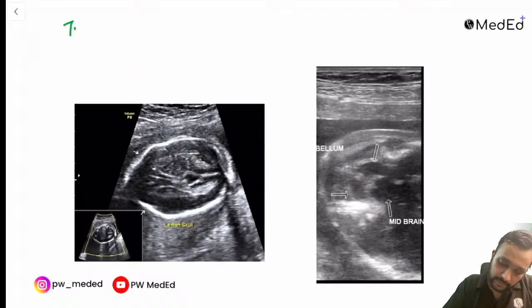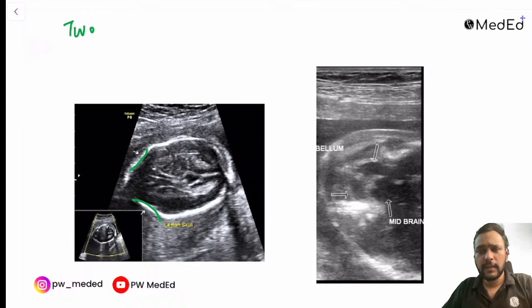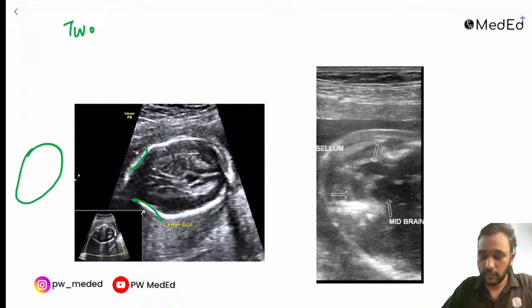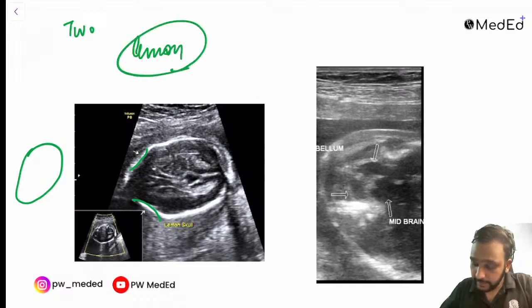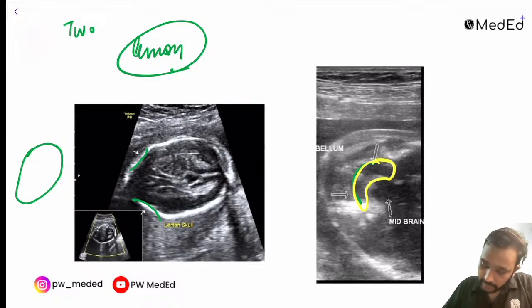Two very important named signs. So here we can see that there is indentation of the frontal bones, right, giving the lemon shaped appearance of the skull. And in this image, we can see that your cerebellum is taking the shape of a banana.